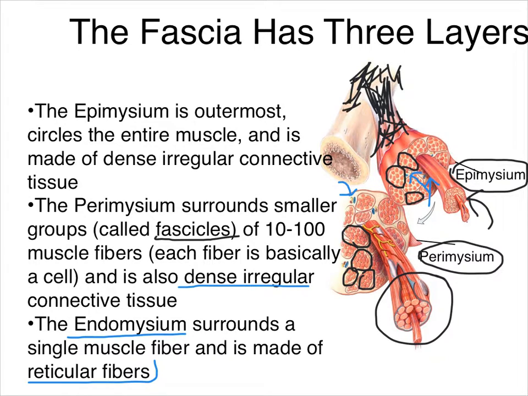So it's not dense, irregular connective tissue. It's a very, very thin layer of primarily reticular fibers that surrounds a single muscle fiber. Remember, a muscle fiber is the skeletal muscle equivalent of a cell.